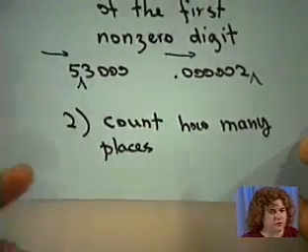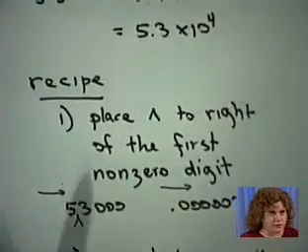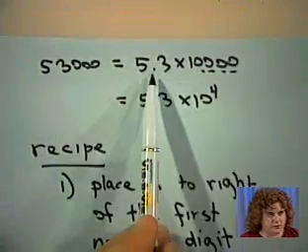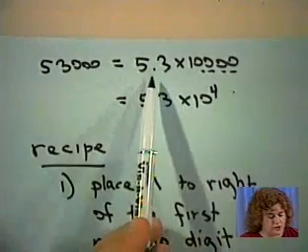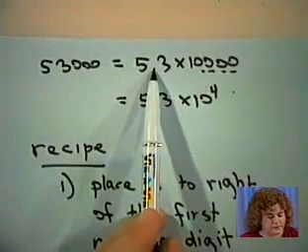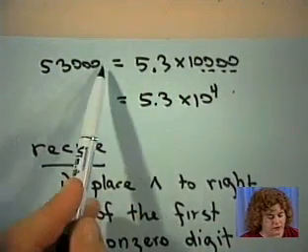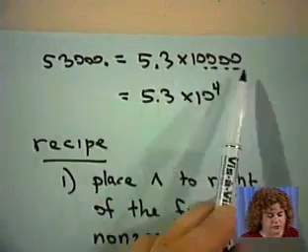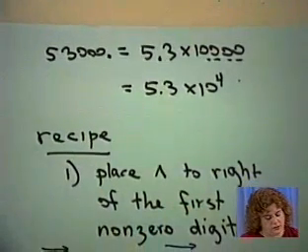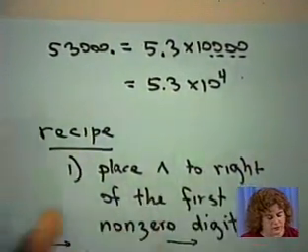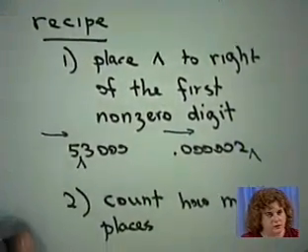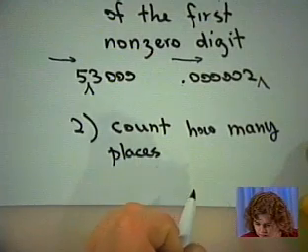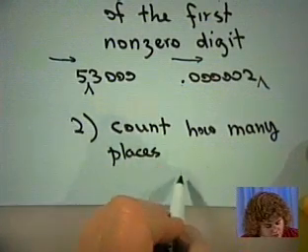As you'll notice when we wrote 53,000 as 5.3 times 10,000, we were moving the decimal point. We used to have a decimal point here at the end. We moved it over and wrote basically a mixed number times a whole number. We'll count how many places we will be moving the decimal.